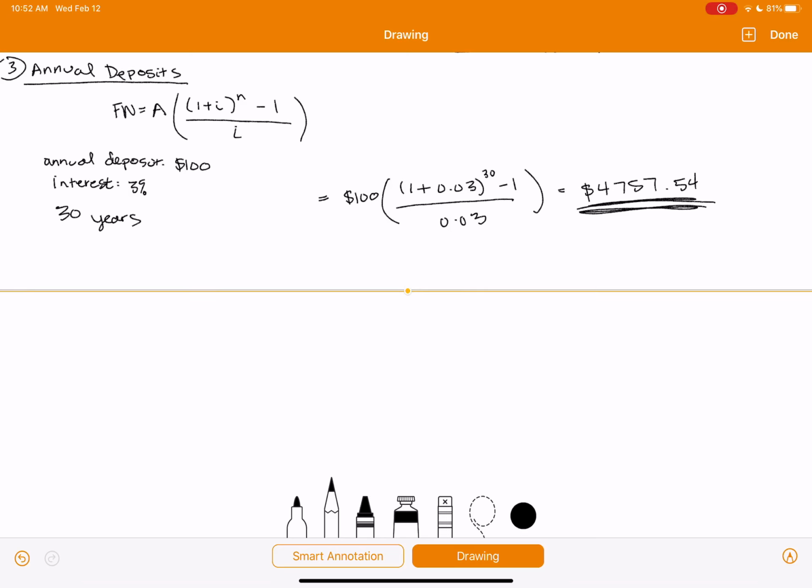All right, so now go ahead and try on your own. If you every year made an annual deposit of $500 into an account with an interest rate of 8%, and you accumulate money for 15 years, how much money will be in there at the time of 15 years?